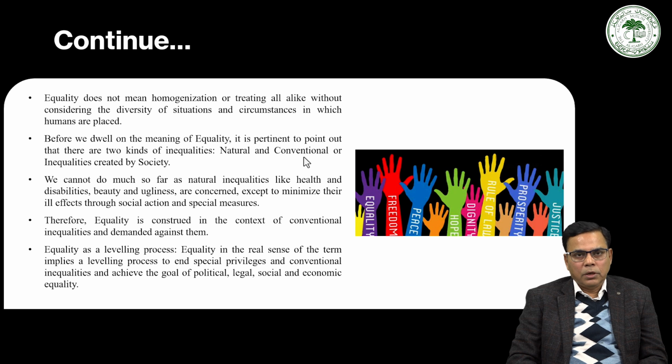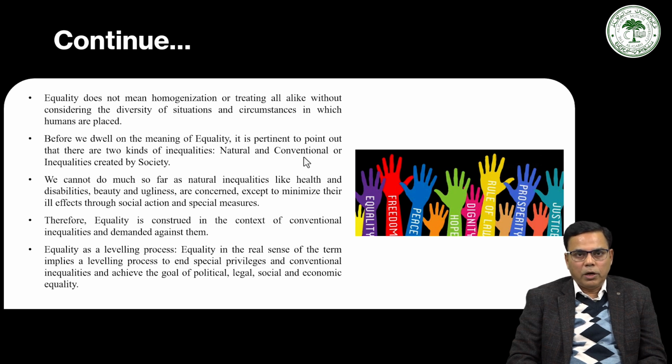This is the reason that the framers of the Constitution of India, while framing this Constitution, kept in mind the historical disadvantages of the communities who have been provided with reservation, the scheduled tribes people. Similarly, it was found that the OBC population, which was given 27% reservation on the recommendation of the Mandal Commission, did not have adequate representation in public employment.